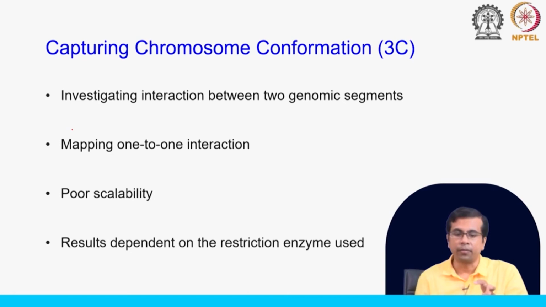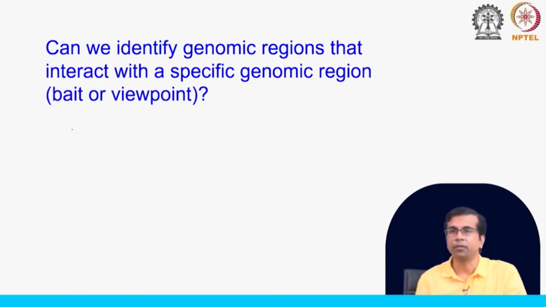So, to counter this scalability issue and this one-to-one interaction, the question is: can we identify genomic regions that interact with a specific genomic region? Specifically, the example that I mentioned: we take one genomic region and we want to test whether there are 1000 other genomic regions that interact with this region. This would be very interesting.